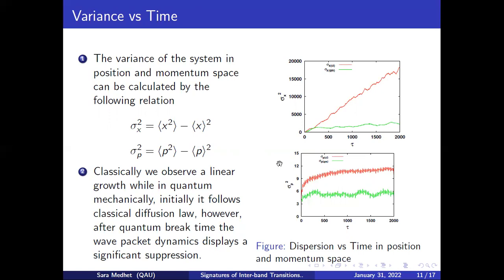The main theme is that classically the system is dispersive, while quantum mechanically you can see that both in position and momentum space, it's more and more localized as time passes on. In our case, we're going to have dynamical localization both in position as well as in momentum space.